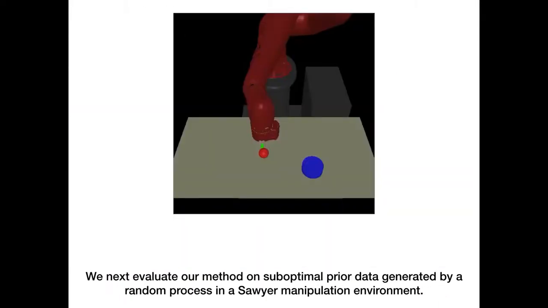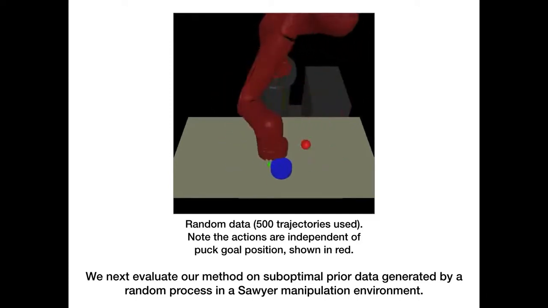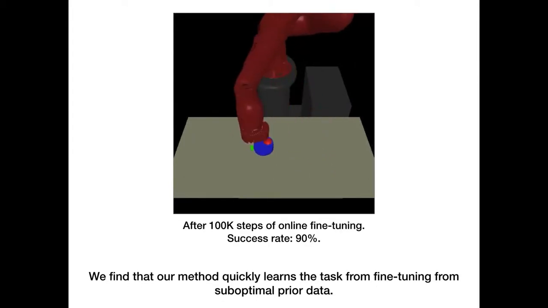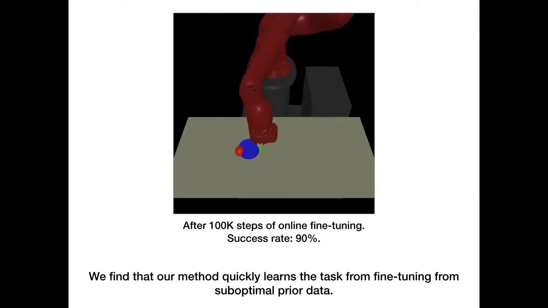We next evaluate our method on suboptimal prior data generated by a random process in a Sawyer manipulation environment. The random data is shown here, and note that the actions are independent of puck goal position, shown in red. We find that our method quickly learns the task from fine-tuning from suboptimal prior data. After 100,000 steps of online fine-tuning, it achieves a success rate of 90%.